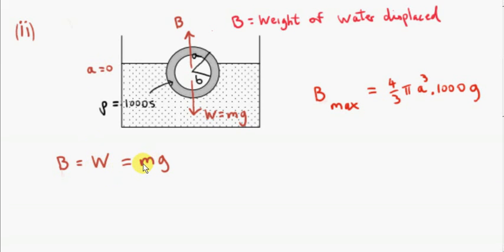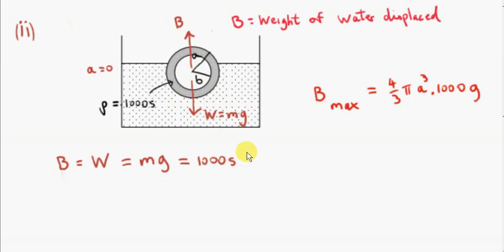Let's get the mass of the sphere in terms of the density, rho, and in terms of the volume. Well, all the mass is concentrated in the shell. The inner part is made out of air, or it's just a vacuum, so we ignore its mass. So to get the mass of the shell, we need the density of the shell, which is 1000 times its relative density S, times the volume of the shell.